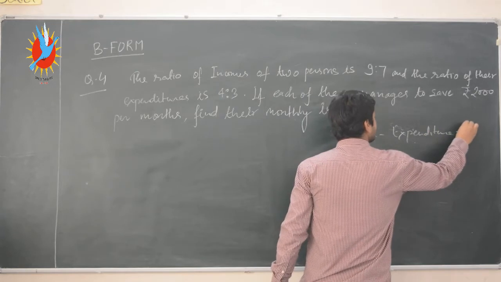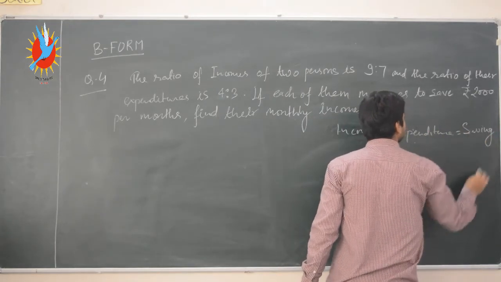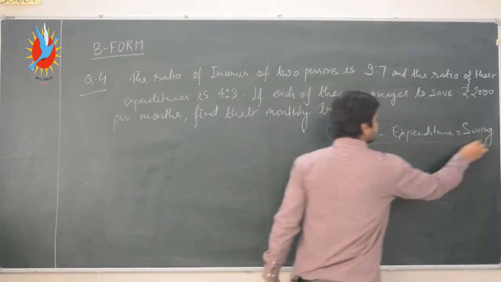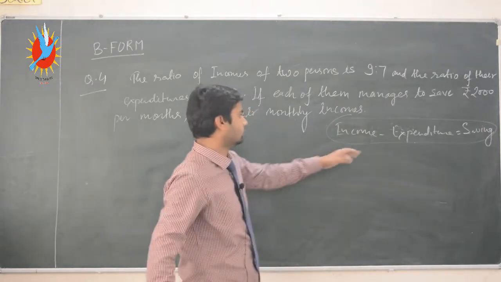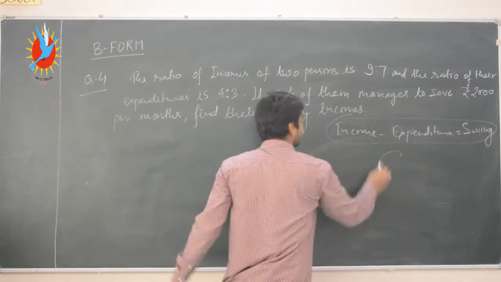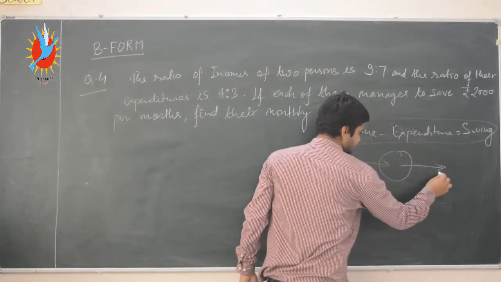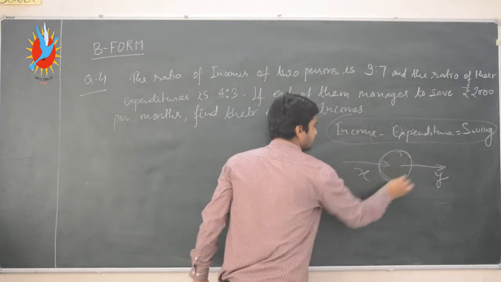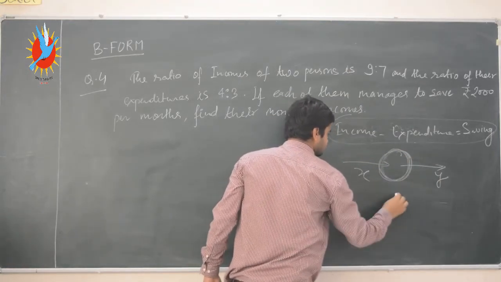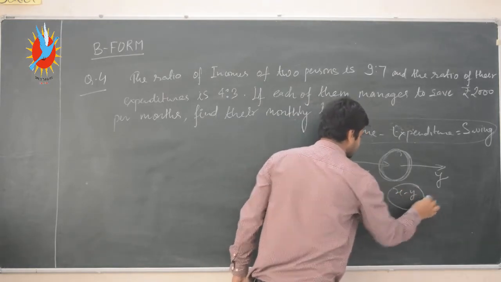This is a basic formula: what comes in, that is input, what goes out, that is output, and what remains, that is savings. So if a man earns x rupees and his expense is y rupees, his saving will be equal to income minus expenditure, that is x minus y.